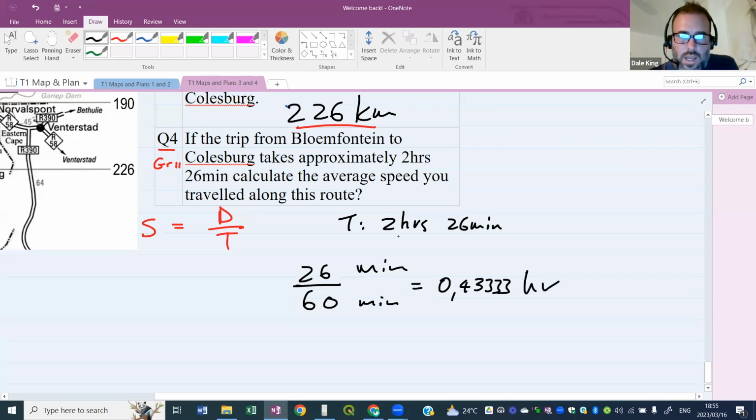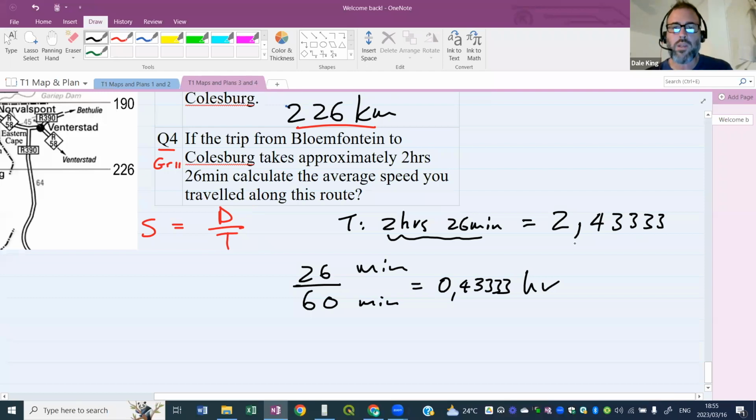So then what is our 2 hours and 26 minutes in decimal format? Well, we've got 2 hours already, and 26 minutes we've just seen is 0.433 hours. So 2 hours and 26 minutes must equal 2.43333. I'm keeping decimals just to be accurate. All right. 5 decimal places is enough. Now we can put this into our formula.